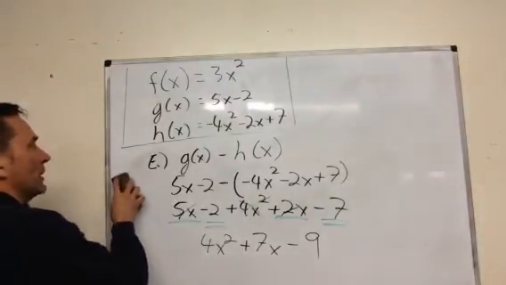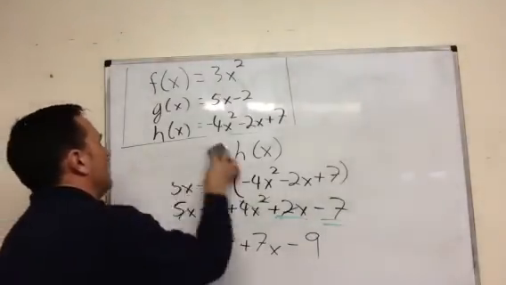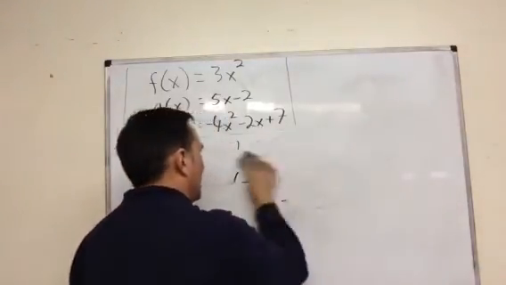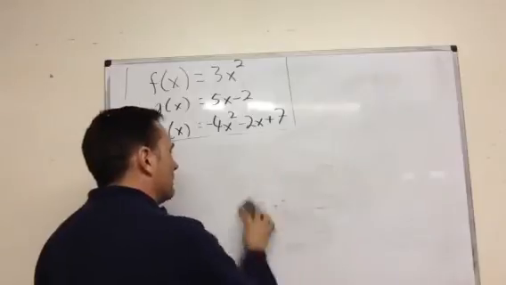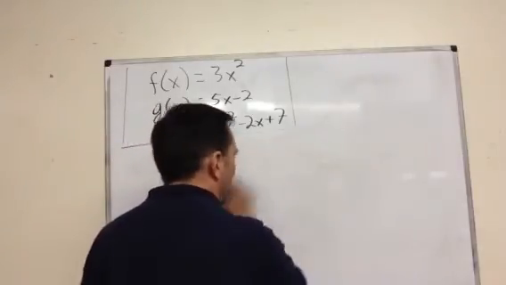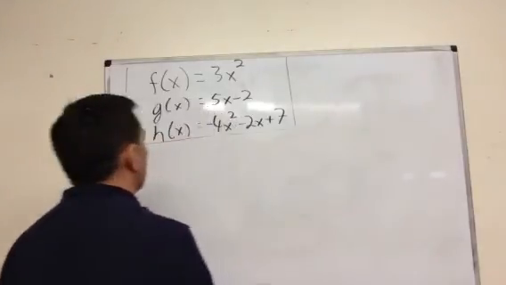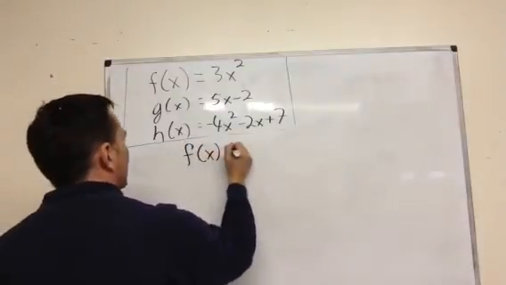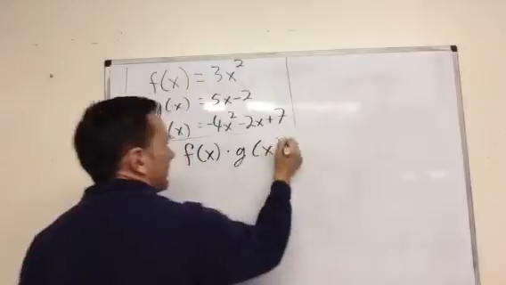One more with multiplication, f of x times g of x. With this, you're going to have to think back to our distributive property and the rules of exponents. So we start with f of x times g of x.